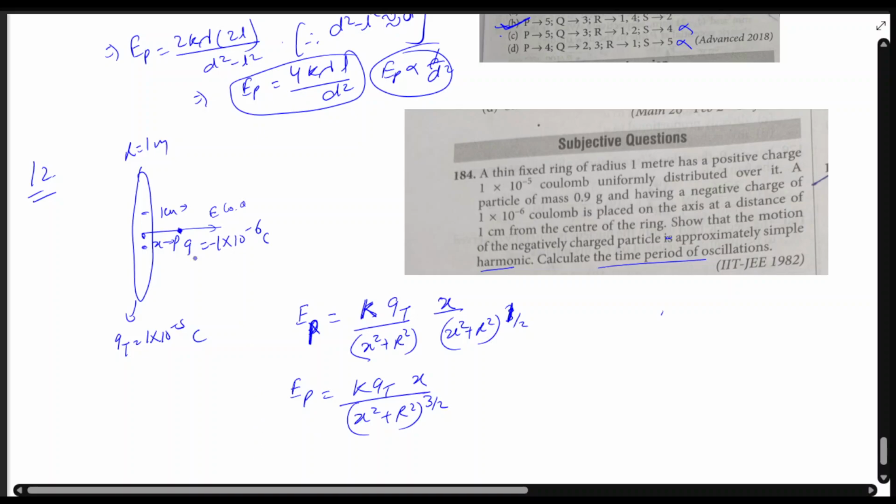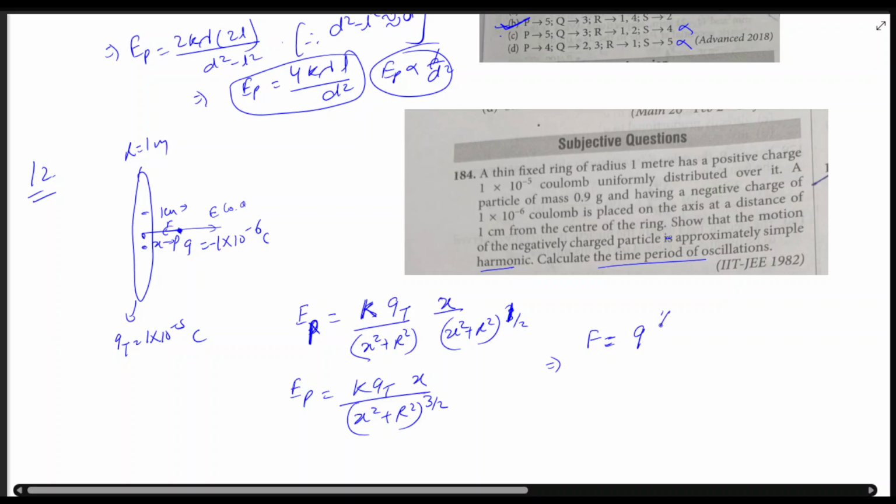Now as q is negatively charged, so net force will be in this direction. So force will come out to be q into k Qt by x square plus r square to the power 3 by 2 into x. Now as x is much less than r, we can write x square plus r square to be r square. So at the bottom it will become r cube.